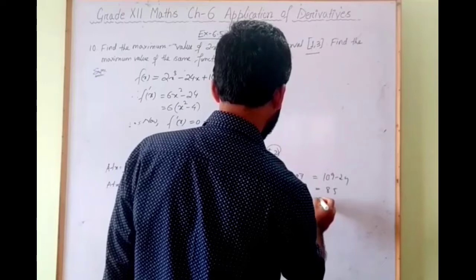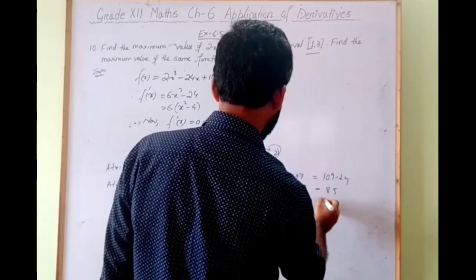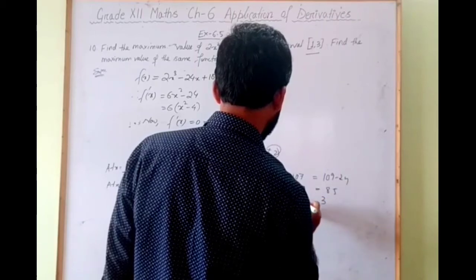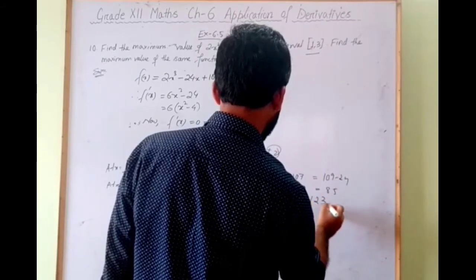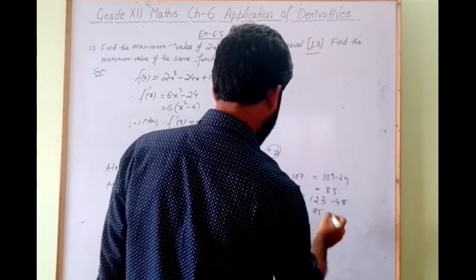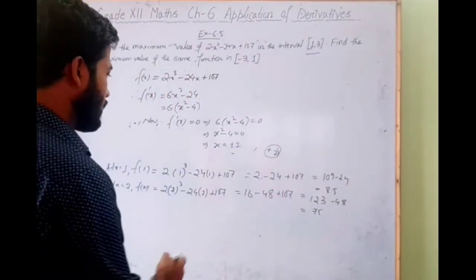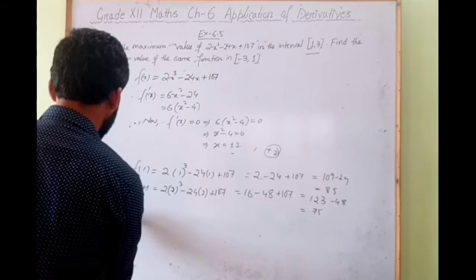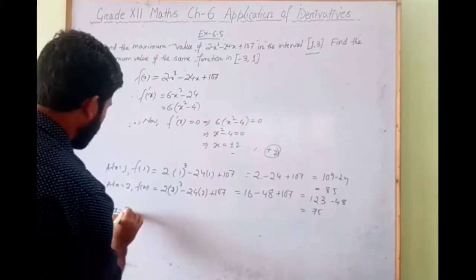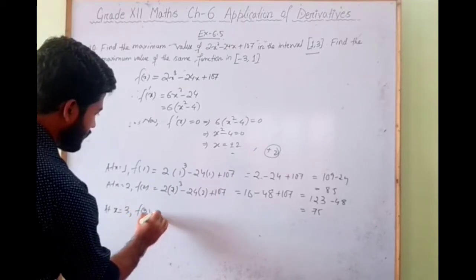So this will give us 123 minus 48, so that will be 75.